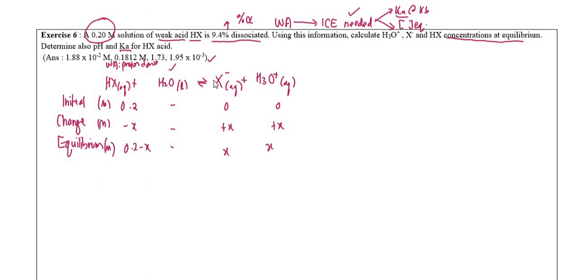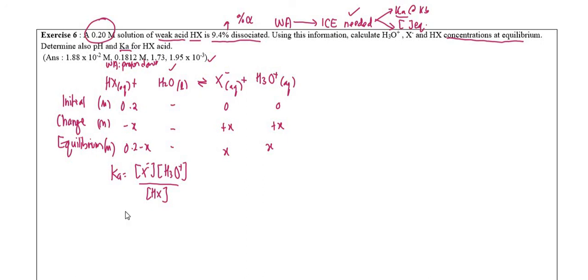Normally di sini stoichiometry dissociation equation adalah 1. Okay, sebab kita melibatkan monoprotic here, 1 H sahaja. Okay. Terus K expression, so concentration X minus over H3O plus over HX. Okay, and then you masukkan value Ka.